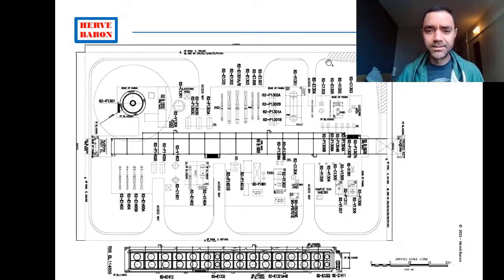So as it is a scaled document, you will be able to sum up the distance from your pump to the system that you must cool down. In this way, you will have the pipe length for this process.